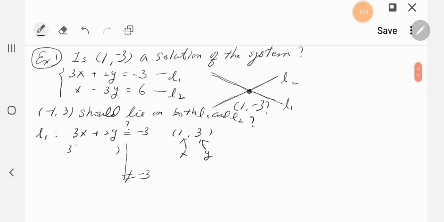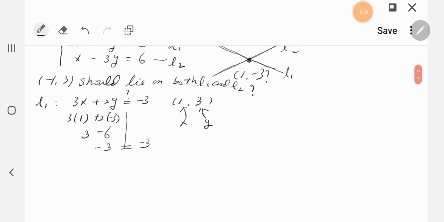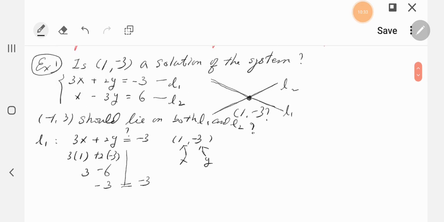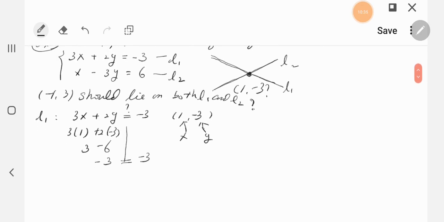So x is 1, y is 2 times negative 3. Then this is 3 minus 6, so that is negative 3. Now they are equal: negative 3 is equal to negative 3. So we know that this point, 1 and negative 3, lies on line 1. Okay, let's check line 2.